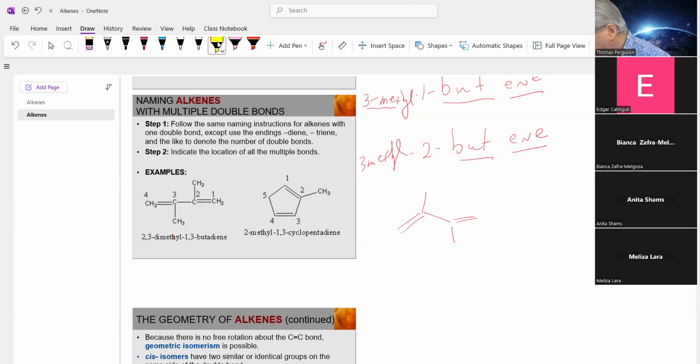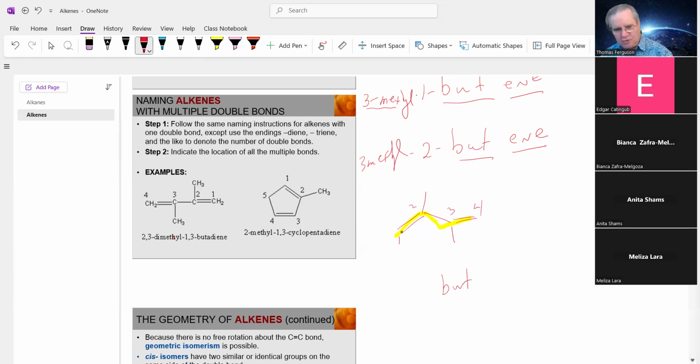Okay, so looking at the backbone here, containing the functional group, would be that. So we can name this left to right, right to left. We're going to end up with the same numbering scheme. So let's just go 1, 2, 3, 4. Okay, so again, it's 4 carbons long.